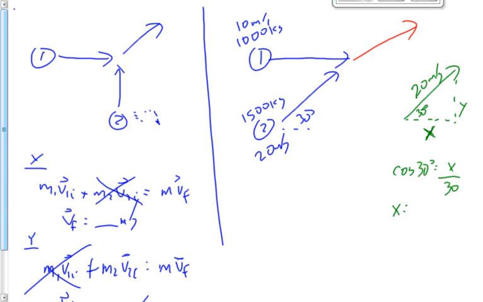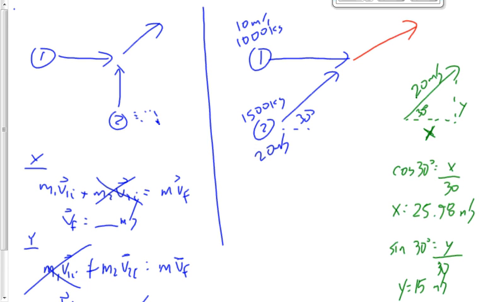And 30 times cosine 30 degrees is going to give me, is it 25.33? 25 point something. 25.98 meters per second. So we'll do the same thing for the y component, except use sine for this one. Sine 30 degrees is equal to the opposite side over the hypotenuse. Y ends up being equal to 15 meters per second there.